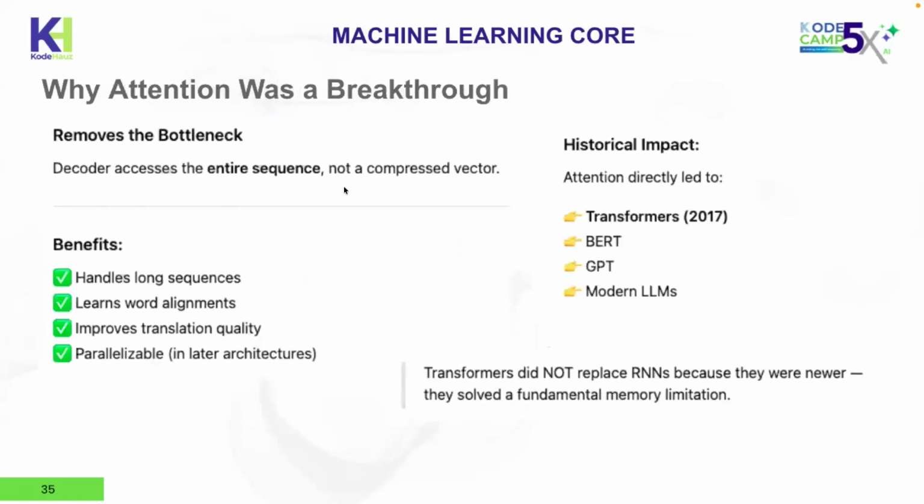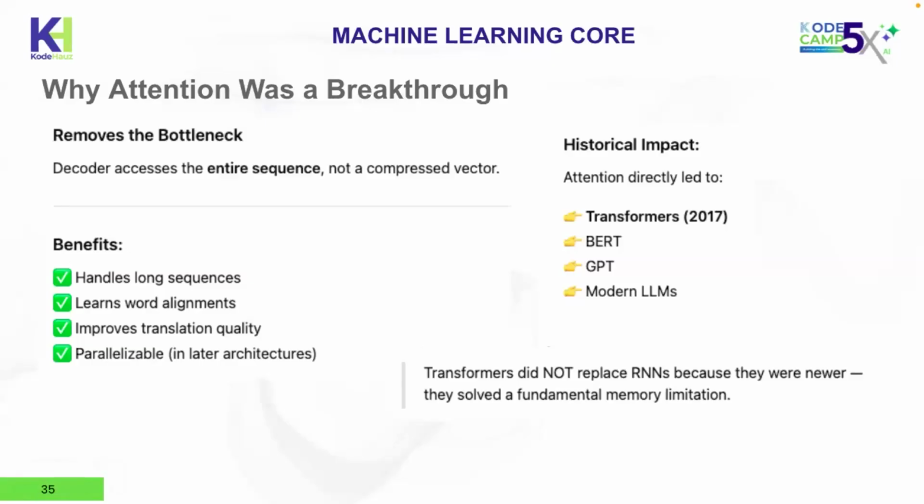So the decoder was able to access the entire sequence instead of just a compressed vector. And that gave a lot of benefits because it means that the decoder could handle longer sequences. Since we are no more compressing the entire sequence into just a single context vector, which is basically a lossy transfer of information to the decoder.